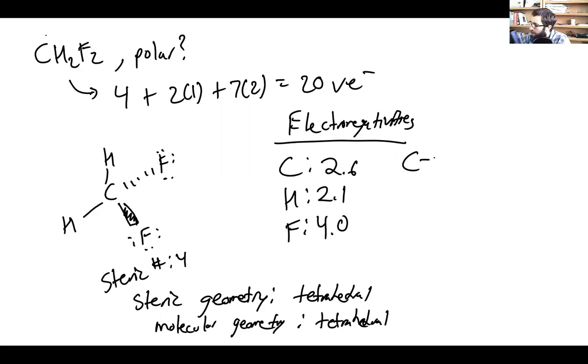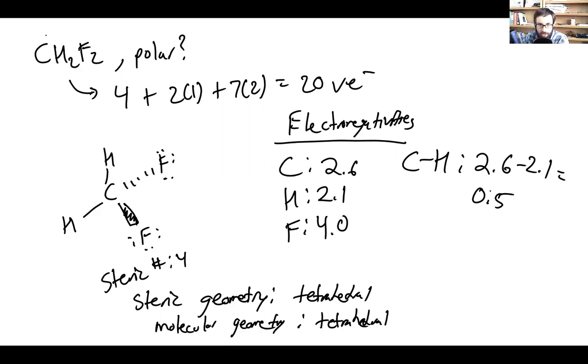So for the carbon-hydrogen bond, we're going to have 2.6 minus 2.1. That's going to get you 0.5.